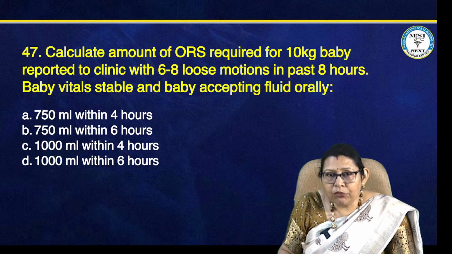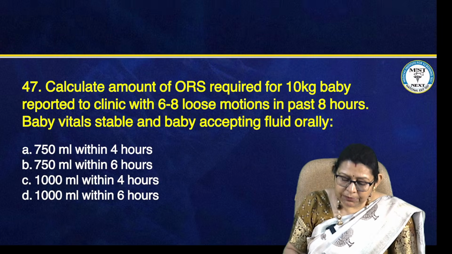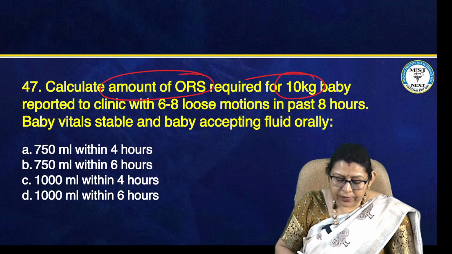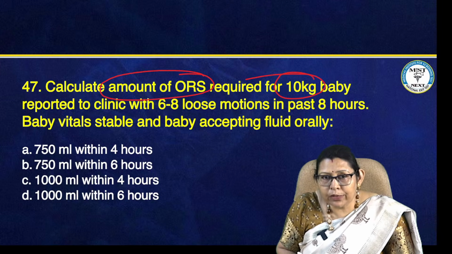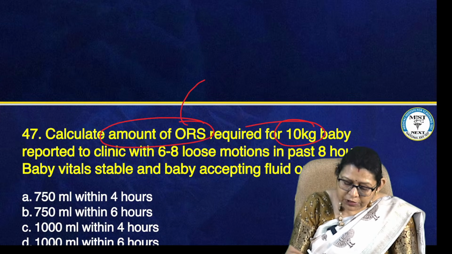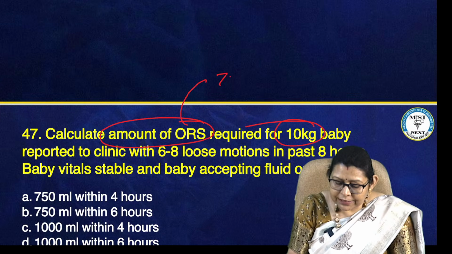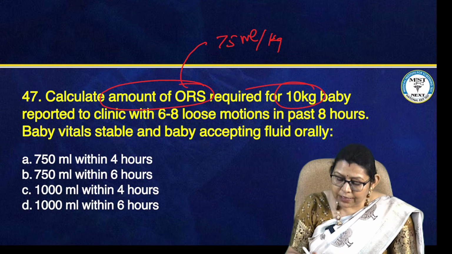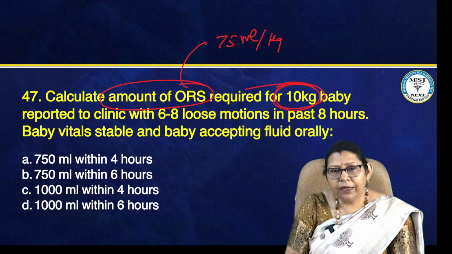Calculate the amount of ORS required for a 10 kg baby. So, ORS amount: a 10 kg baby coming to the clinic with 6 to 8 loose motions, baby vitals are stable and accepting oral. So we know how much ORS is required. It is 75 ml per kg of body weight. कितना body weight है? हाँ, 10 kg है.